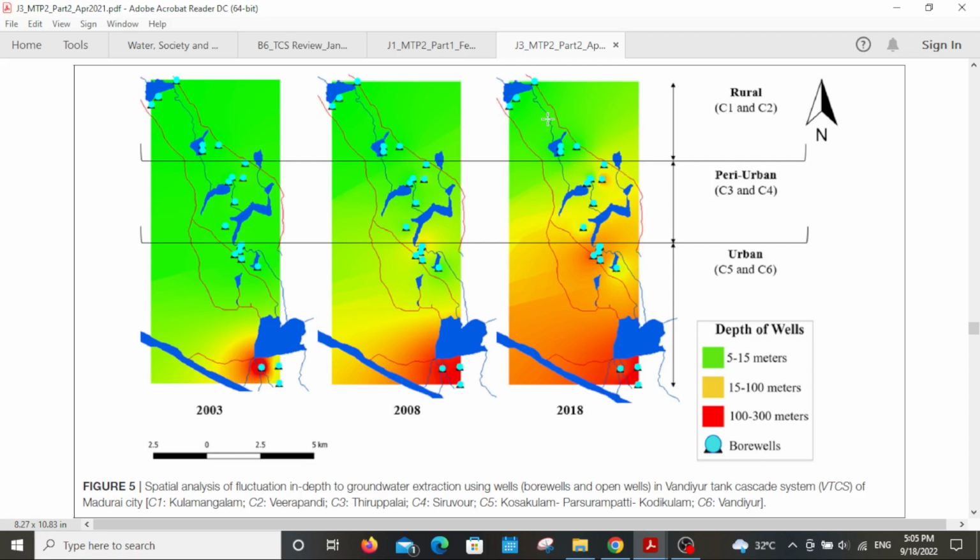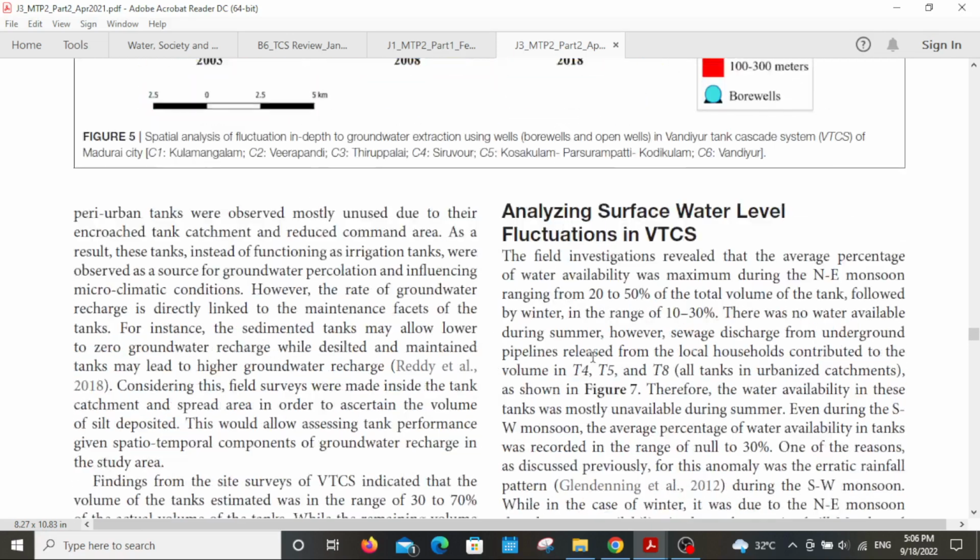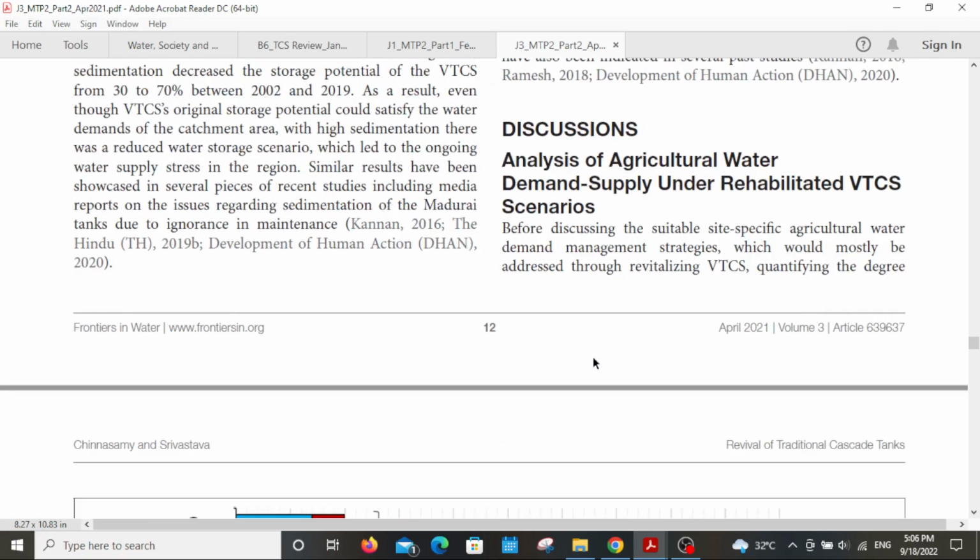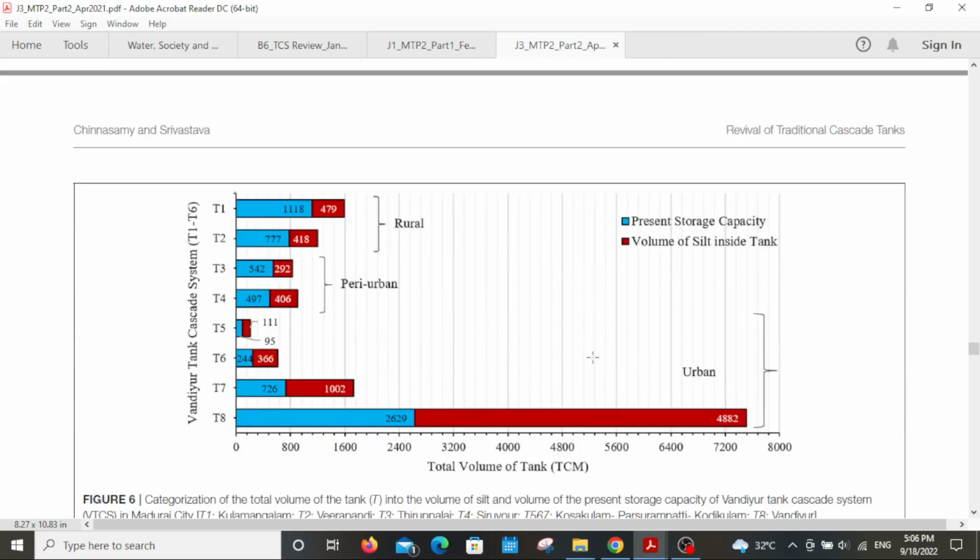However, the rural landscape is currently protected, and we have sufficient wells as well as water available in the wells for practicing agriculture. But as far as the urban region is concerned, water is scarcely available for irrigation purposes as well as for meeting domestic demand.